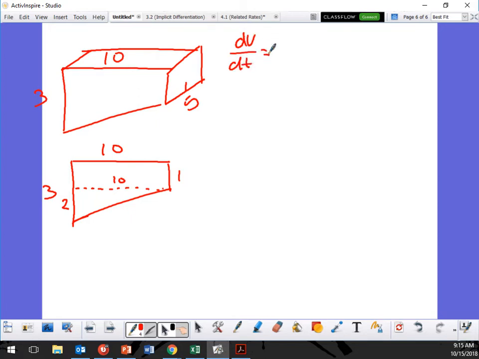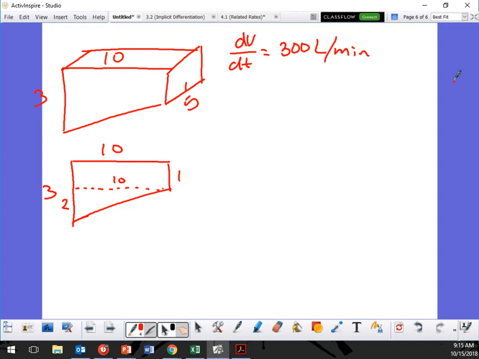How much was it? It was in the word problem: 300 liters per minute, right? Okay, good, so 300 liters per minute.